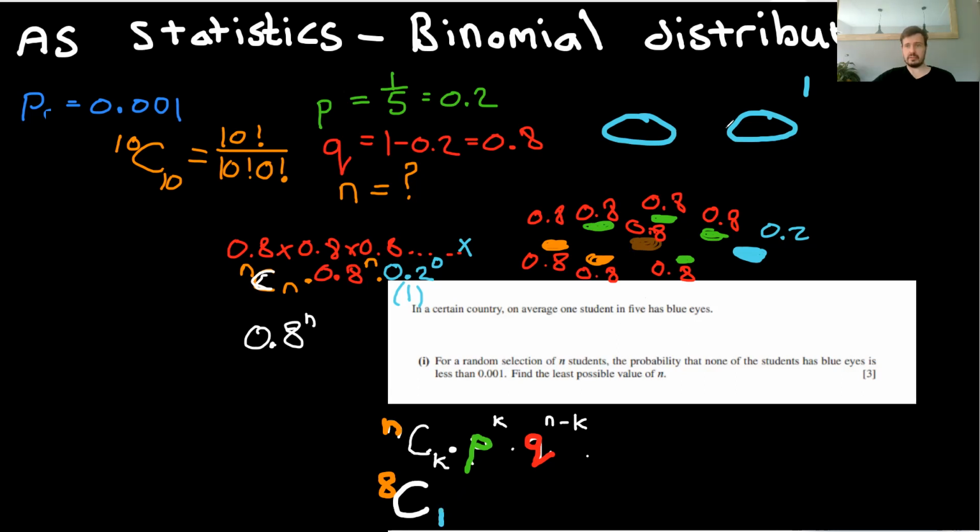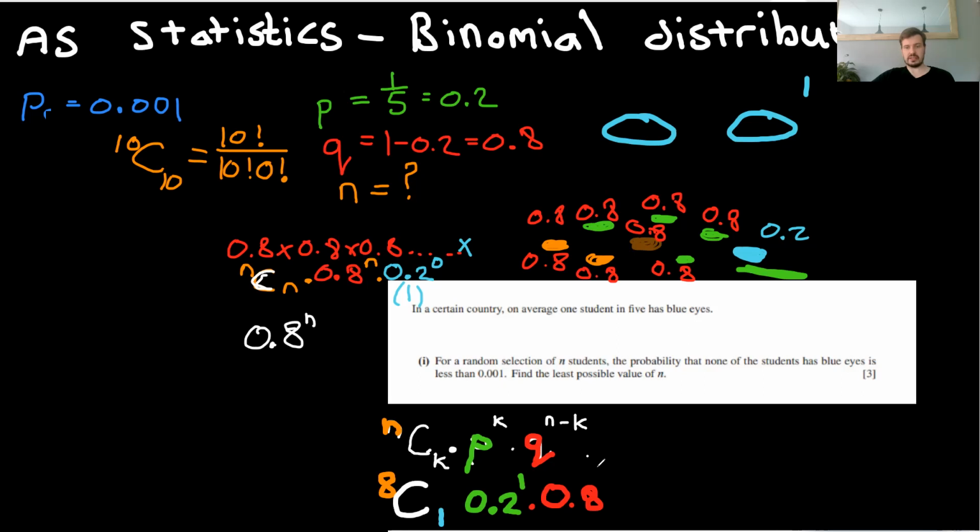And then P would be your probability that's a student with blue eyes, which is the 0.2, and there's one of them. Then we multiply that by Q, which is the probability that it's not blue eyes, which is 0.8. And then N minus K means 8 minus 1, which is 7.